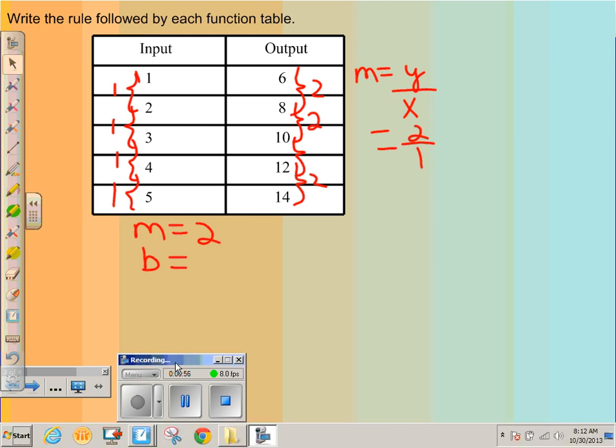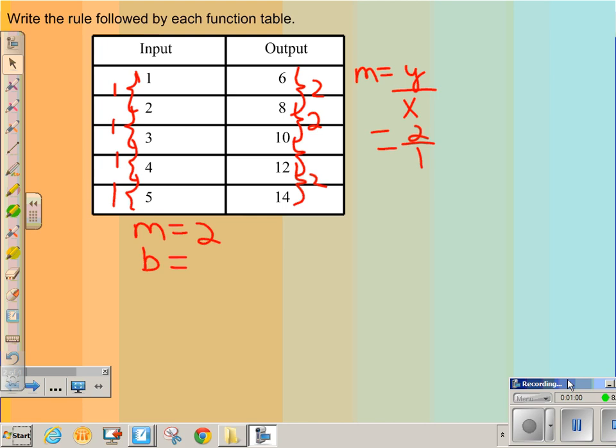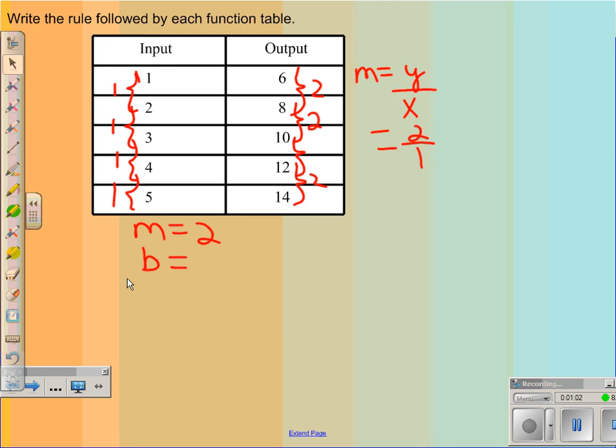I don't know my b, so all I need to do is use the equation y is equal to mx plus b. I'm going to substitute in the 2 for m, and then I can just choose an ordered pair. I'm going to choose 4, 12 in this example, where these are our y's and these are our x's.